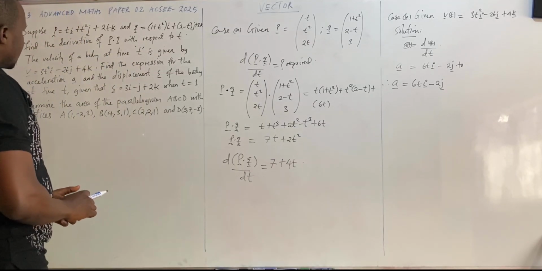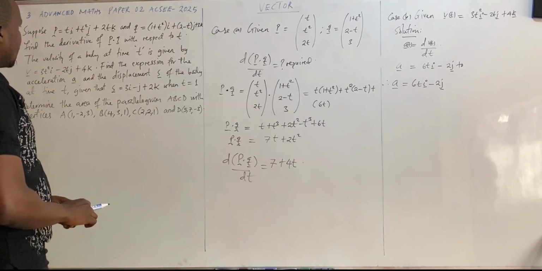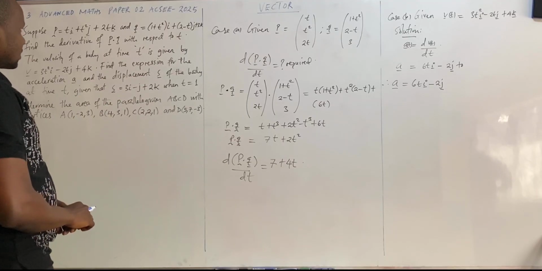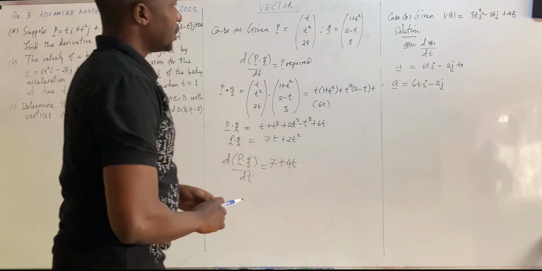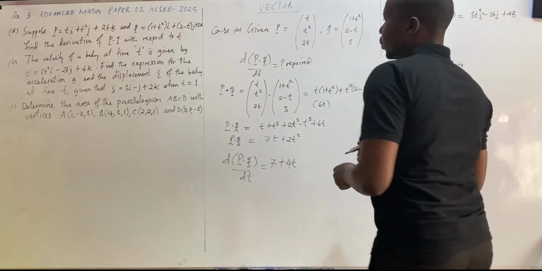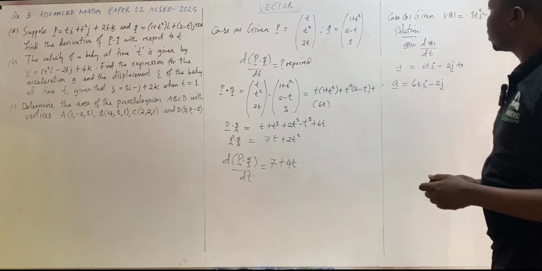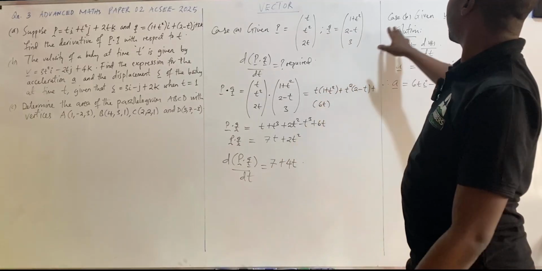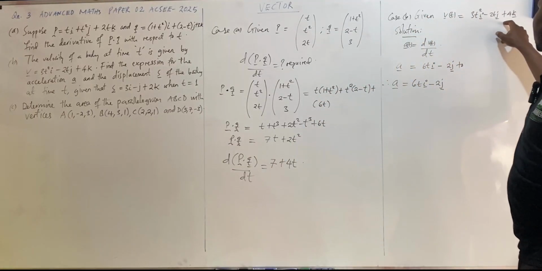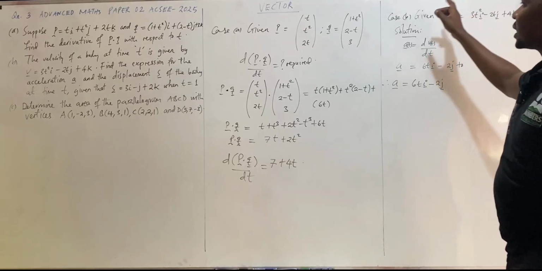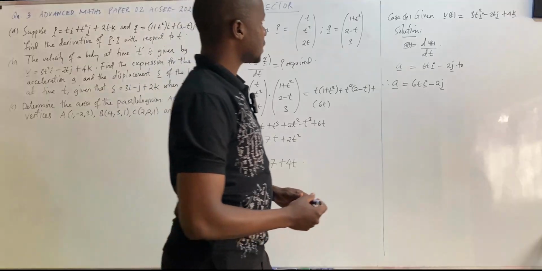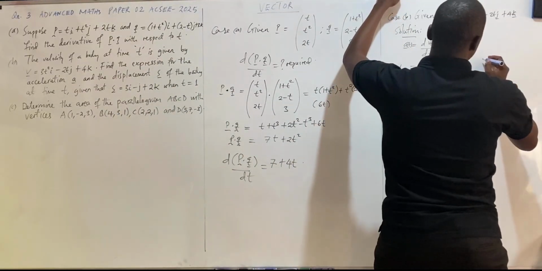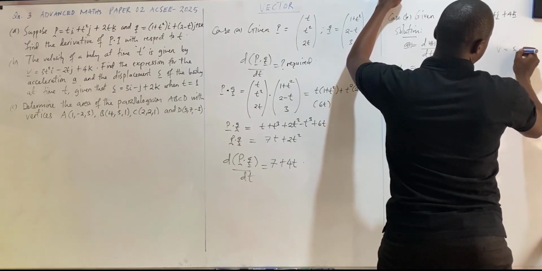Now we ask again, we find the displacement s of the body at time t. So we need to go back to the velocity function. If we integrate velocity, we are going to get the displacement function. Now the concept comes because velocity equals displacement over time.